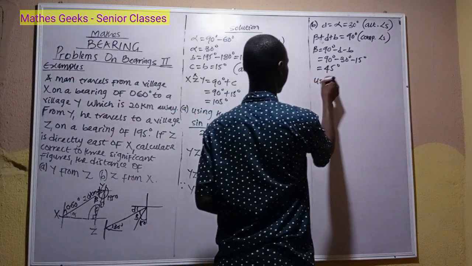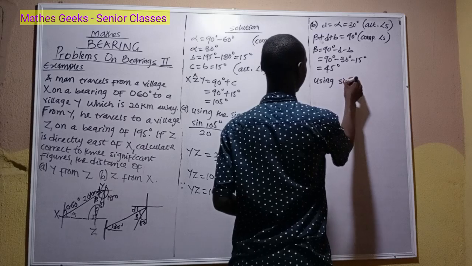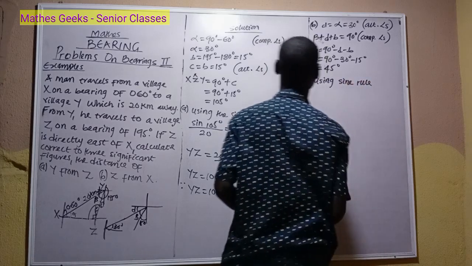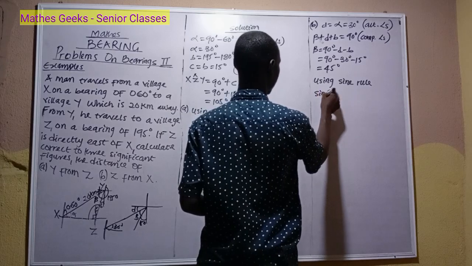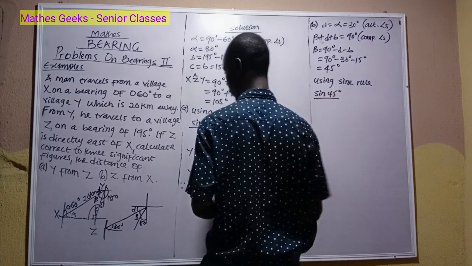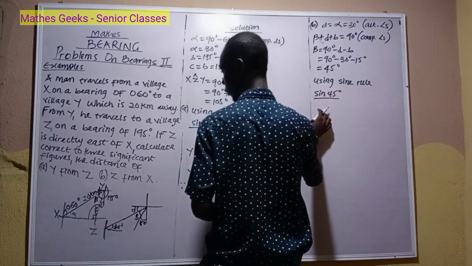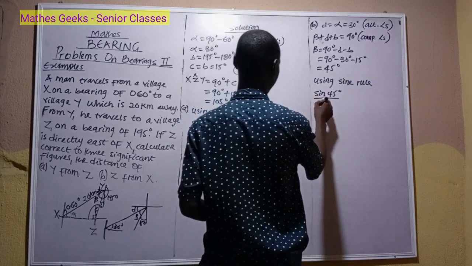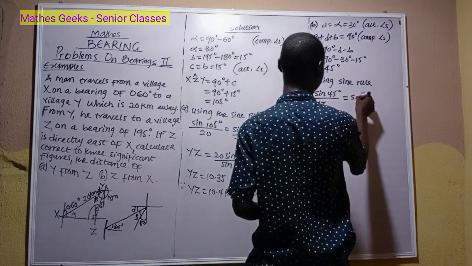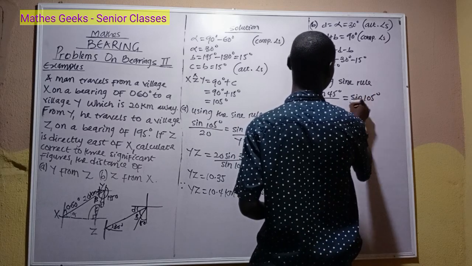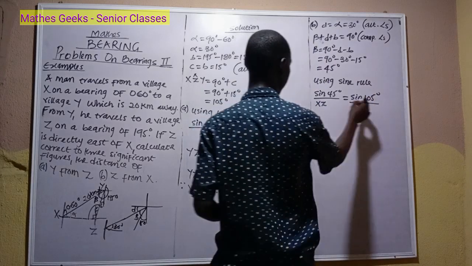So using the sine rule, we can say sine 45 degrees over YZ over XZ is equal to sine 105 degrees over 20.